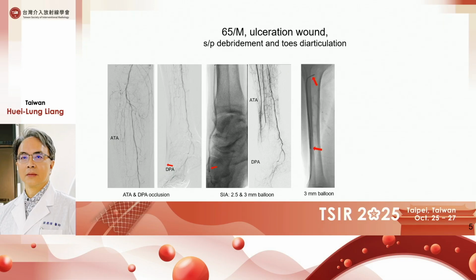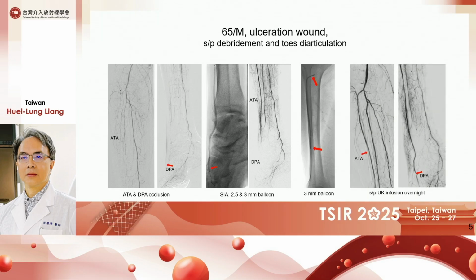Then I developed a technique: I inflated a 20 centimeter long, 3 millimeter balloon catheter in the proximal ATA and forcefully infused urokinase into the distal artery via the balloon catheter's tip with an infusion pump. After overnight urokinase infusion, the follow-up angiogram revealed the good patency of all the ATA and the DPA.